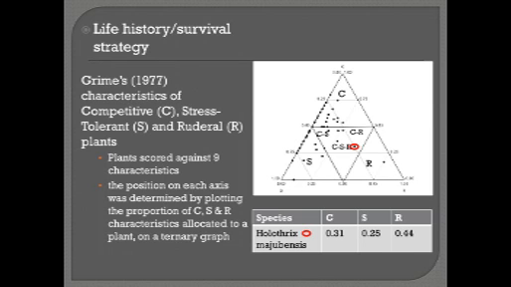So, for example, with Holothrix, the proportion of competitive characteristics was 31%, stress tolerant 25%, and 44% of the characteristics were ruderal. And then plotting it on the graph, it came out as a competitive ruderal plant.